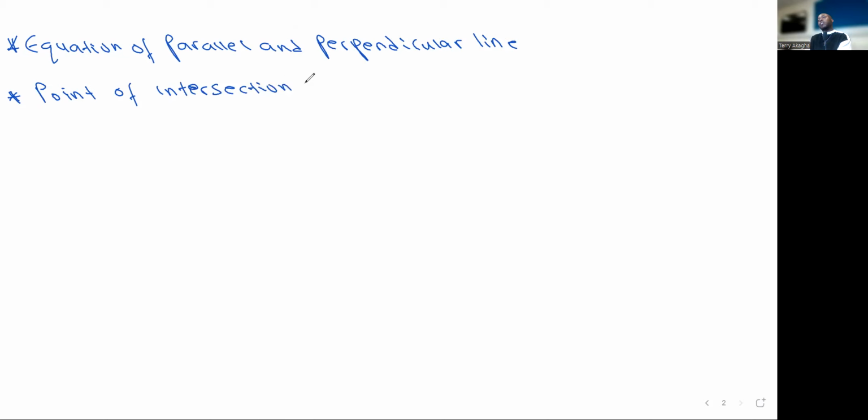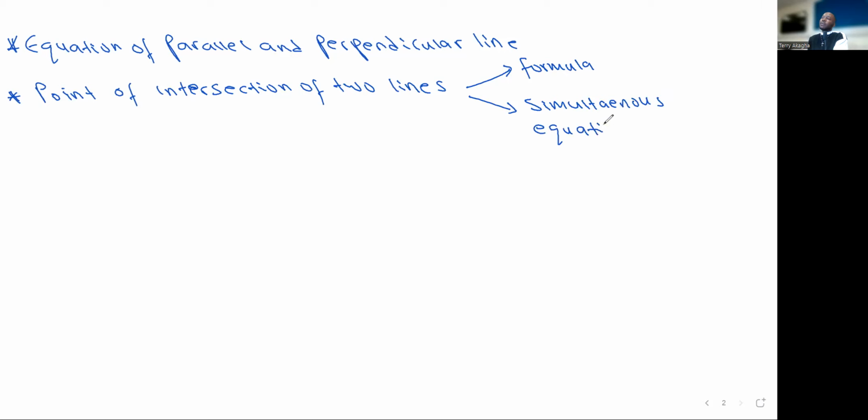I'm going to talk about using the formula method, how you use the formula, and I'm going to talk about the simultaneous equation method. So you can use any of them and you'll get the same answer.